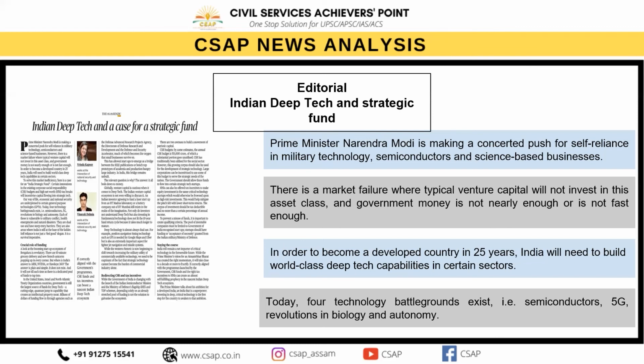Creating also an alternative to lithium ion batteries, also a low cost satellite launching system, which I mentioned yesterday about the NGLB. So these are the parameters.